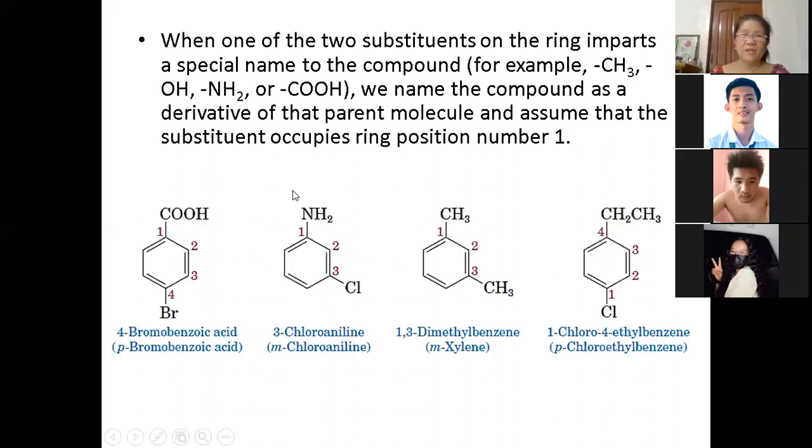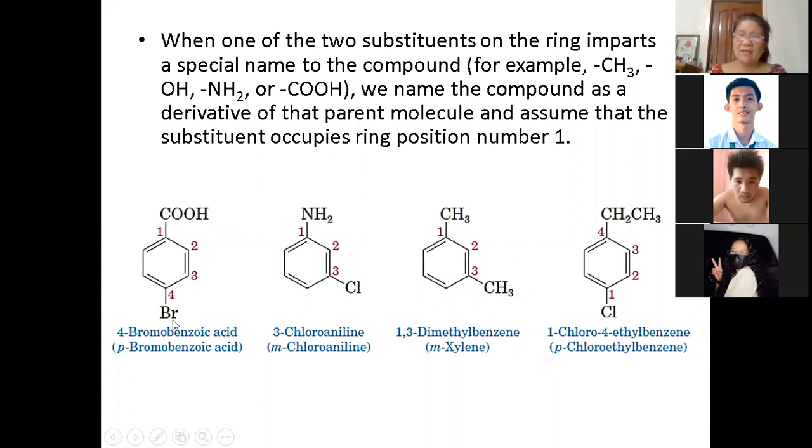So what is this? I showed it to you. This is benzoic acid. Start counting there, 1, then 2, 3, 4. Therefore, look for your parent name.